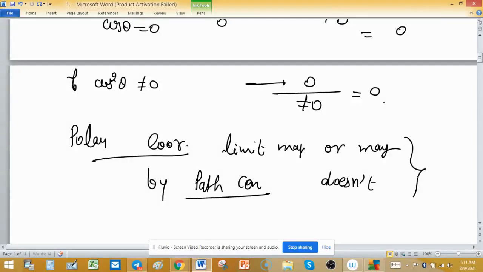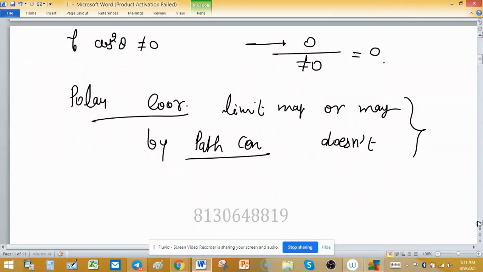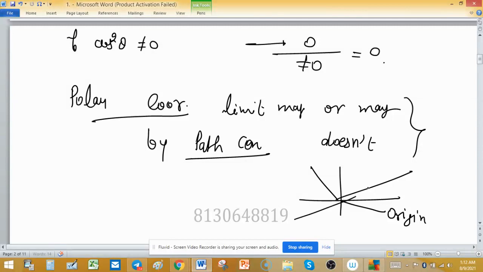So we are reaching points using polar coordinates, but we can't say the limit exists. You have to focus on why in polar coordinates we are not sure: because we only consider the origin and approach it from straight lines passing through (0, 0).